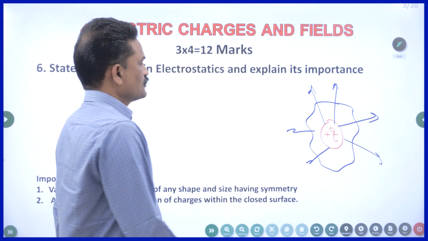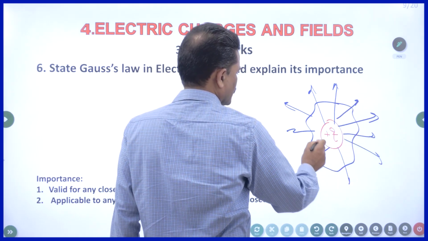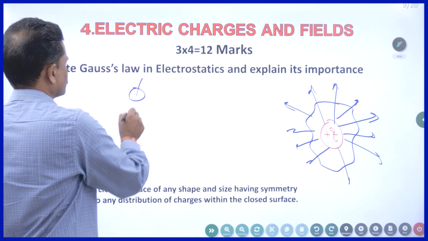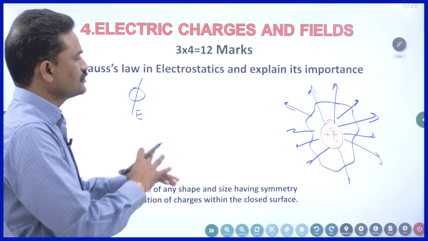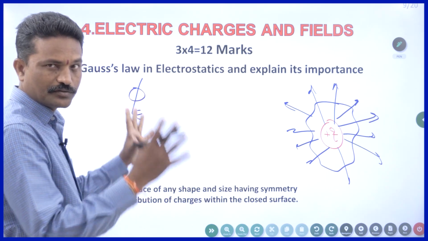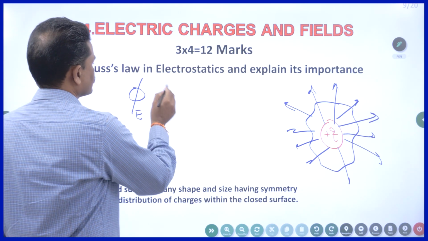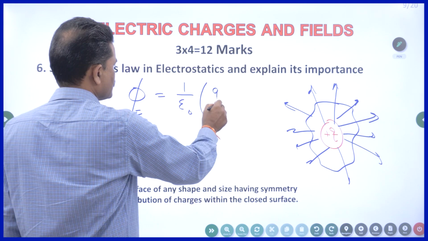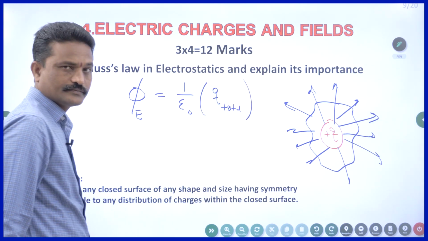Then the total number of field lines is nothing but electric flux. You might have studied. So, electric flux is indicated by phi E. The total electric flux, that means total field lines coming out from that closed surface, is equal to 1 by epsilon times the total charge enclosed by the closed surface.